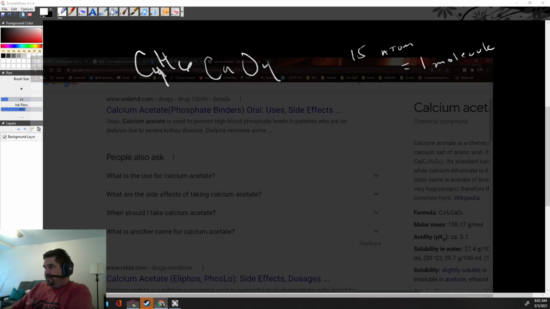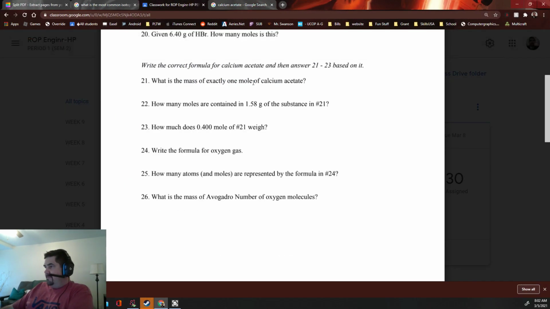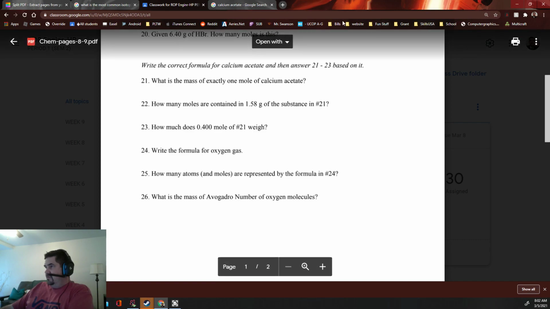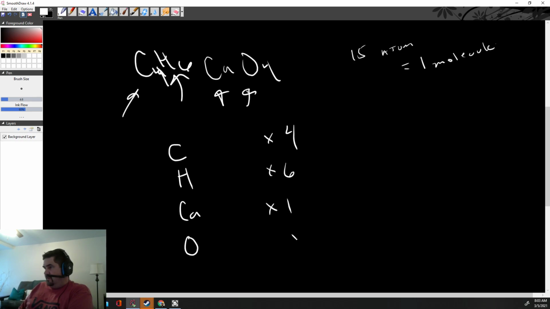And if we go back to the actual assignment, it says, what is the mass of exactly 1 mole of this? So to do that, you should remember that you're going to need to know the molar mass of it, which means you'll have to look up carbon, hydrogen, calcium, and oxygen, so C, H, Ca, and O, and write the mass of each one, multiplying it by 4, by 6, by 1, and by 4.